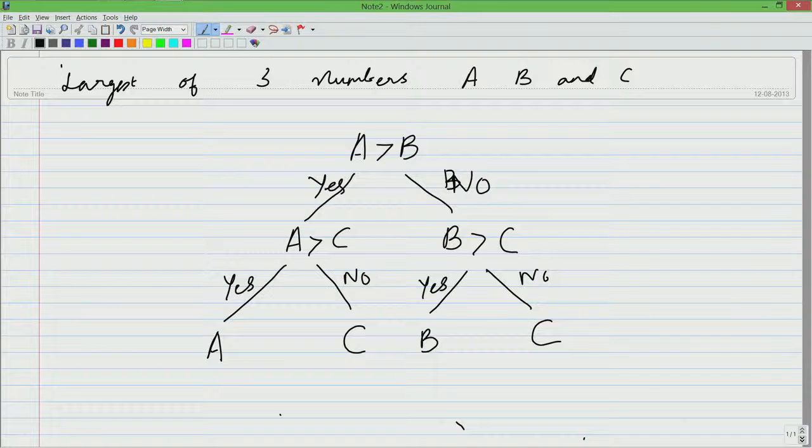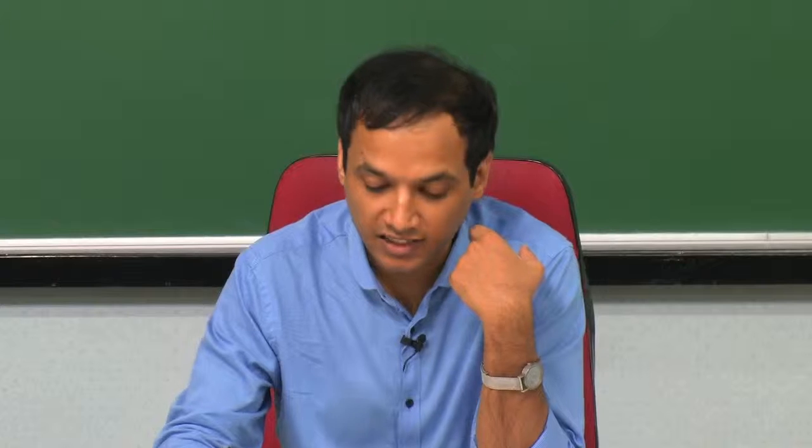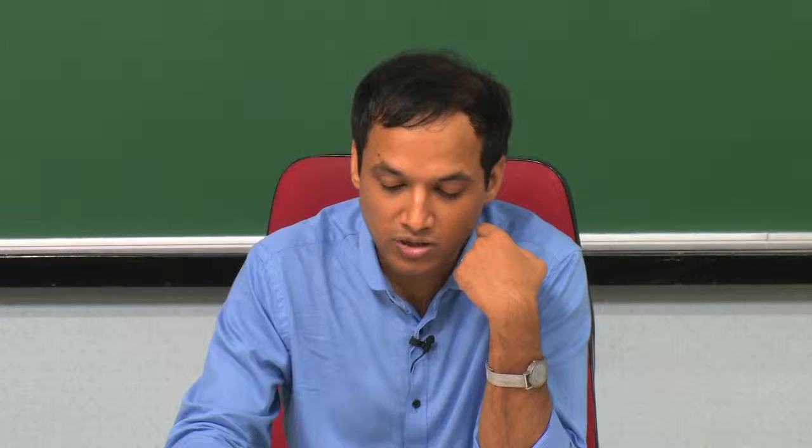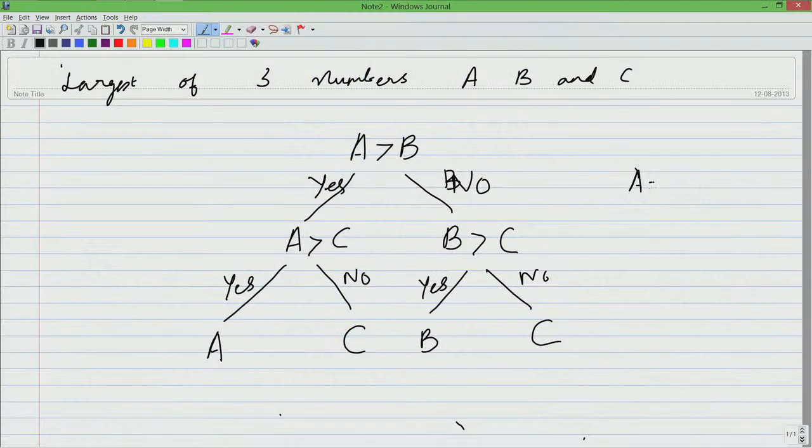At this point of time it may make sense to try it with a few examples and check if this solution is indeed correct. So, let us take this example, A is 1, B is 2 and C is 3. Let us check this. Is A greater than B is the first thing that is checked. So, you compare A and B, is A greater than B?